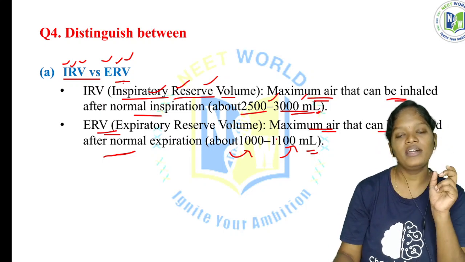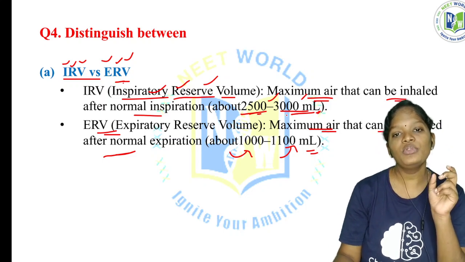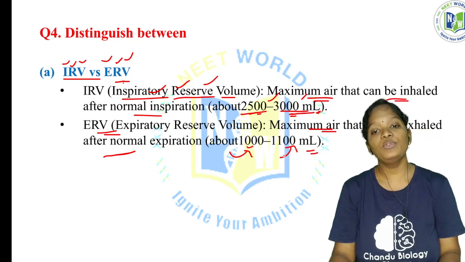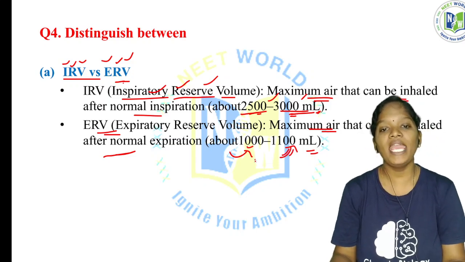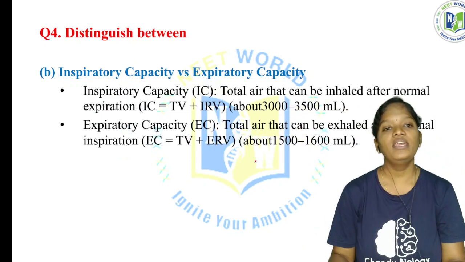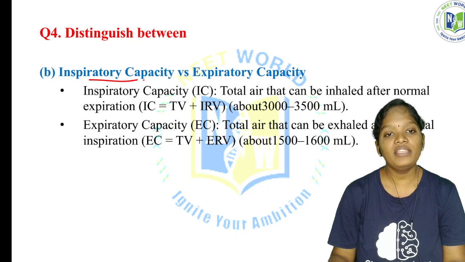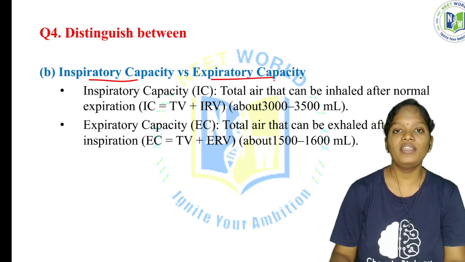The volume is 2500 to 3000 ml for the inspiratory reserve volume, and 1000 to 1100 ml for the expiratory reserve volume. Okay, and the second difference will be inspiratory capacity versus expiratory capacity.